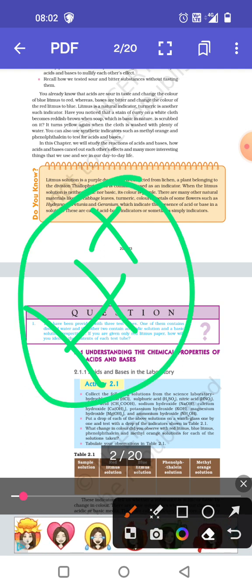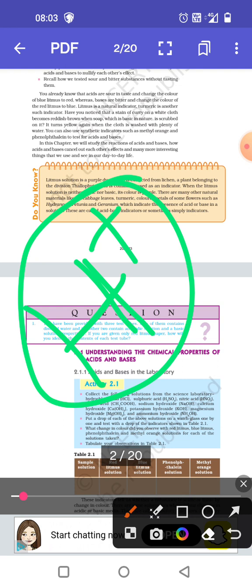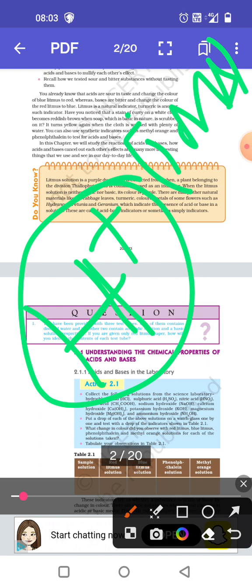In the previous class we discussed how atoms or molecules become ions. If an atom loses one or more than one electron, then it changes into an ion. So a chemical that dissolves in water to release H plus ions is an acid.